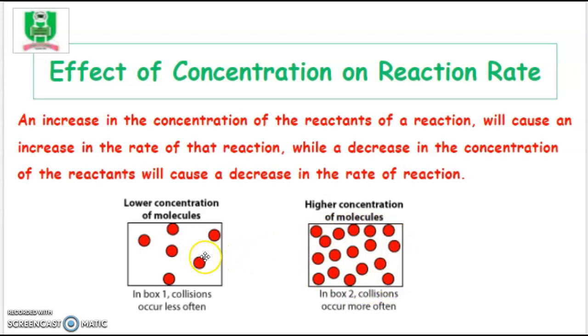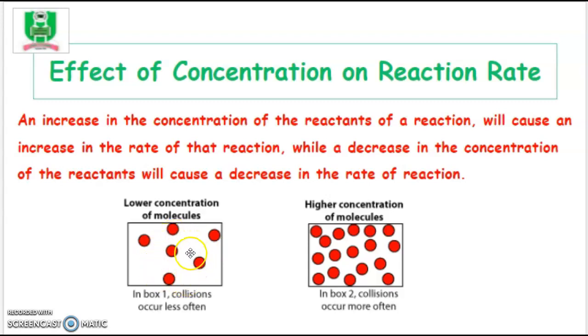Now, if the concentration is lower, and by that we mean you have a low number of reactant particles within a set volume, the frequency with which they will be colliding will not be great, as the reactant particles are much further away from each other.